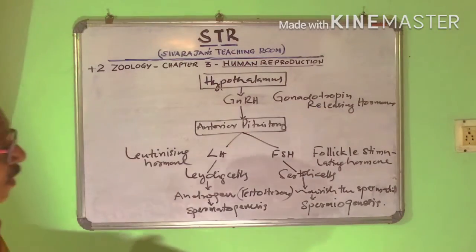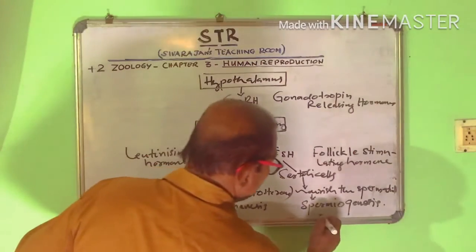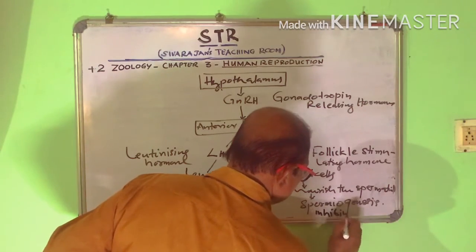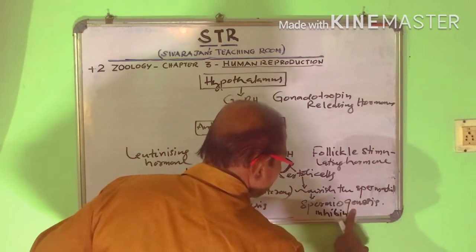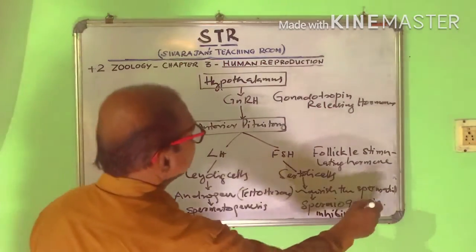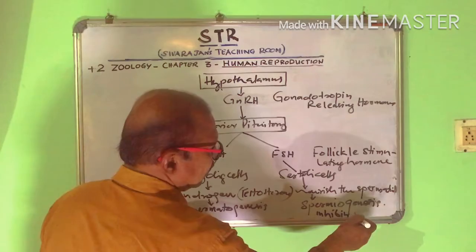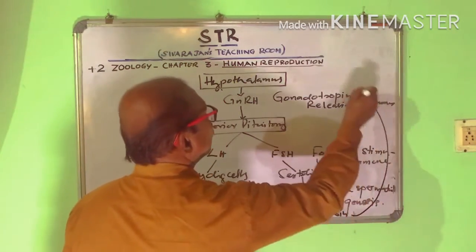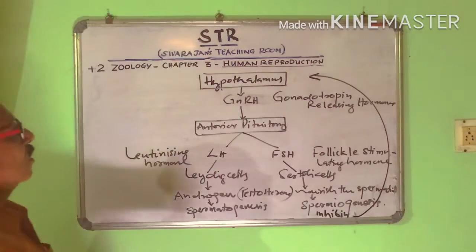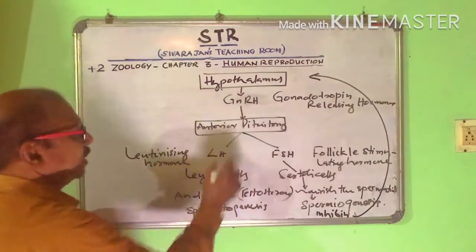Sertoli cells also produce a hormone, inhibin. Inhibin is a protein. The presence of inhibin stops the hypothalamus from releasing GnRH.